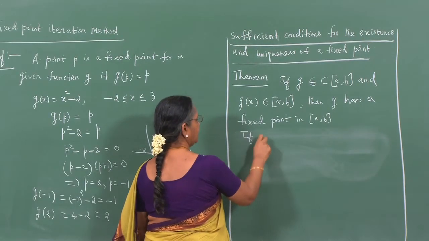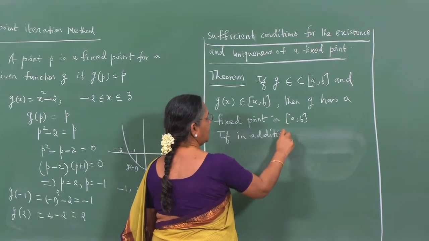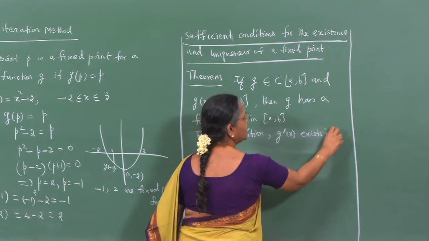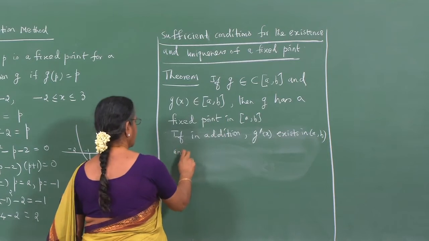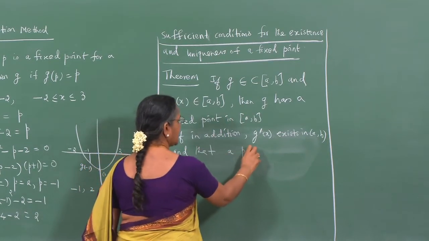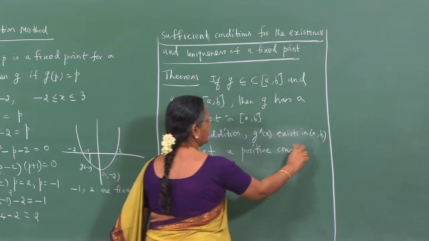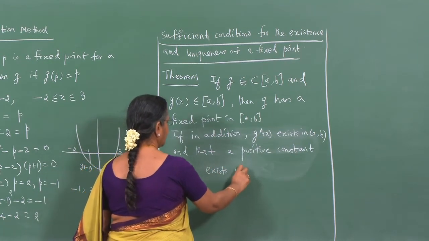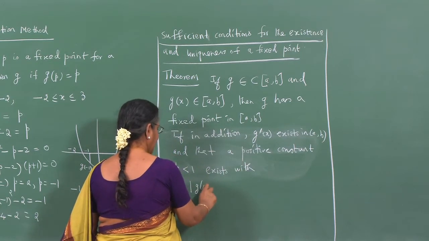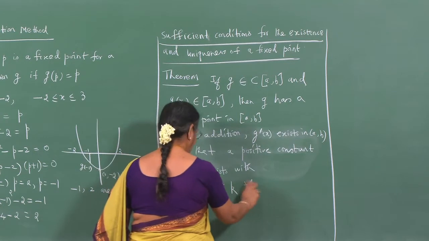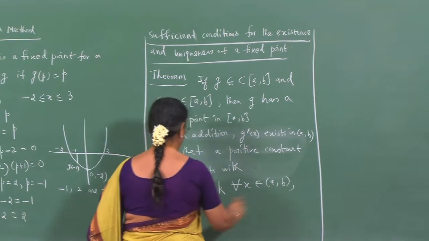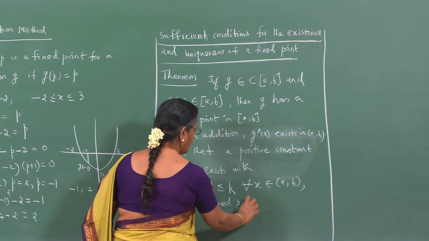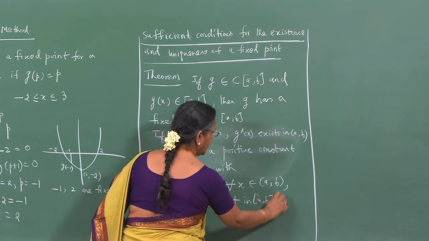So, if in addition g dashed of x exists in the open interval a b and that a positive constant k less than 1 exists with modulus of g dashed of x less than or equal to k for every x in this open interval a b, then the fixed point in that interval a b is unique.